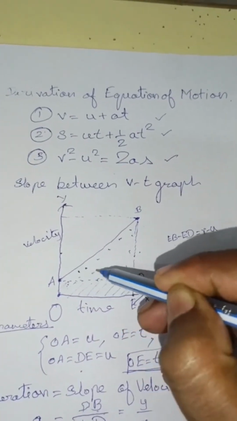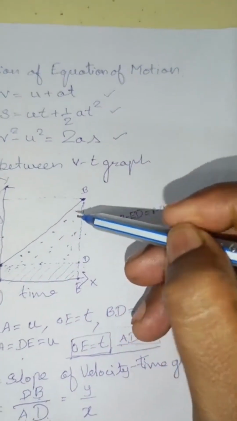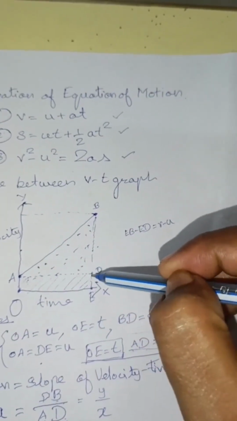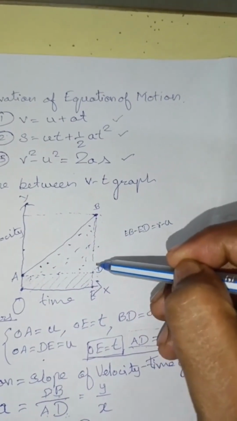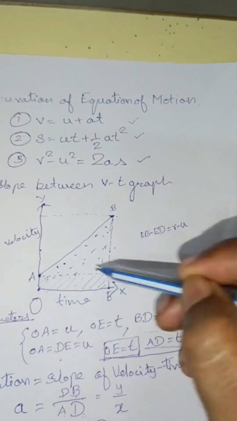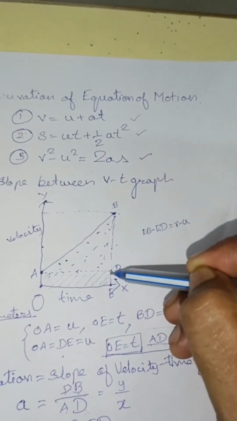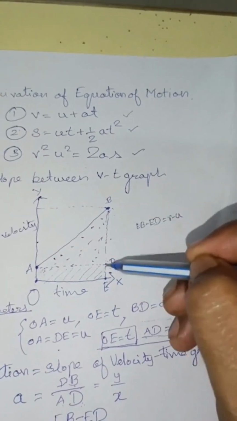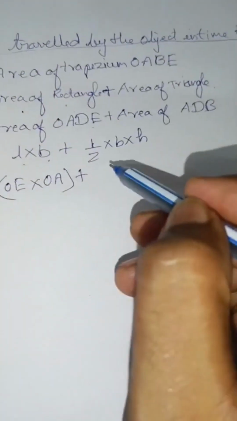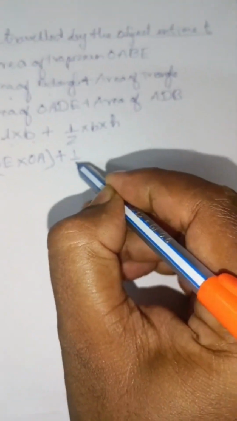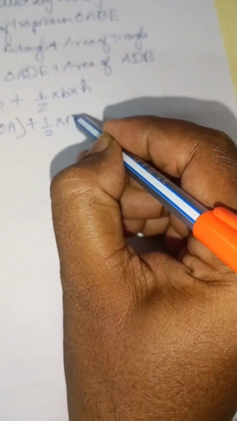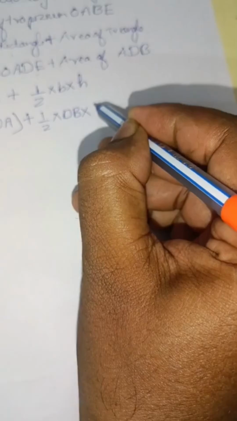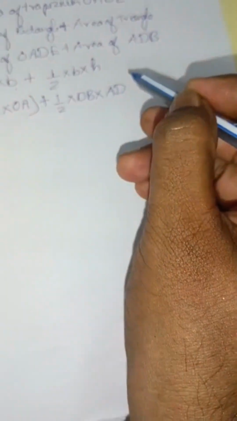The area of triangle will be considered as ABD. ABD means this is my base and this is my height. So I can write base into height, meaning DB into AD. So I can write half times DB into AD. Correct?